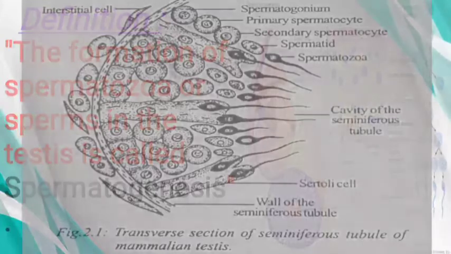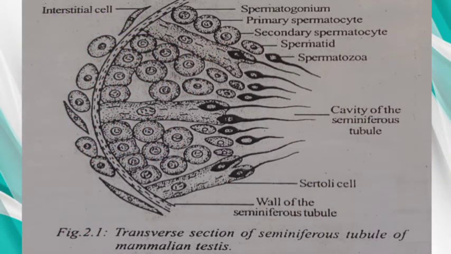See in this picture, a transverse section of seminiferous tubules. The interstitial cells separate the seminiferous tubules, and each seminiferous tubule is covered by a basement membrane and lined with germinal epithelium. The germinal epithelium cells are separated by the nurse cells, which we call Sertoli cells.